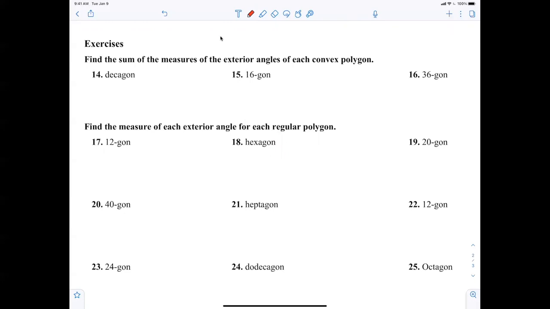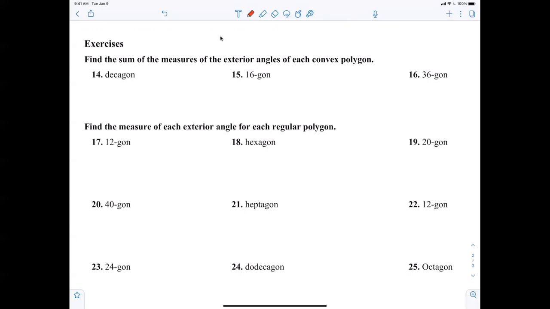Someone tell me the answers for 14, 15, and 16. Wow, somebody who's actually paying attention. Jackson, you get the math award for the day.